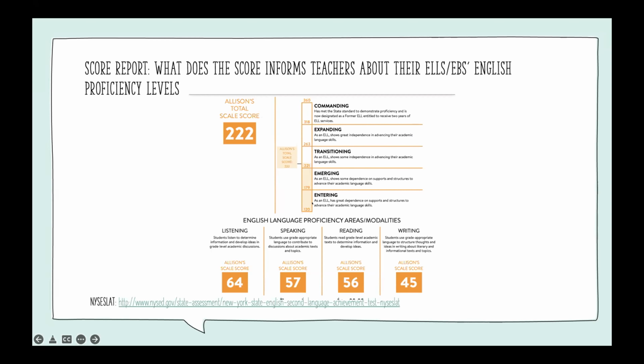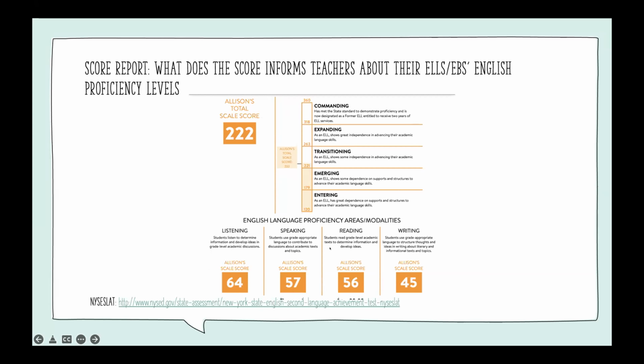So in New York State, students who hold the English proficiency level from entering to expanding need to take the English language proficiency test. Every year they have to take the test to show their English language proficiency levels. While if they are in the commanding stage, you don't have to, but otherwise they need to take those English language proficiency tests after they are identified as English language learners.